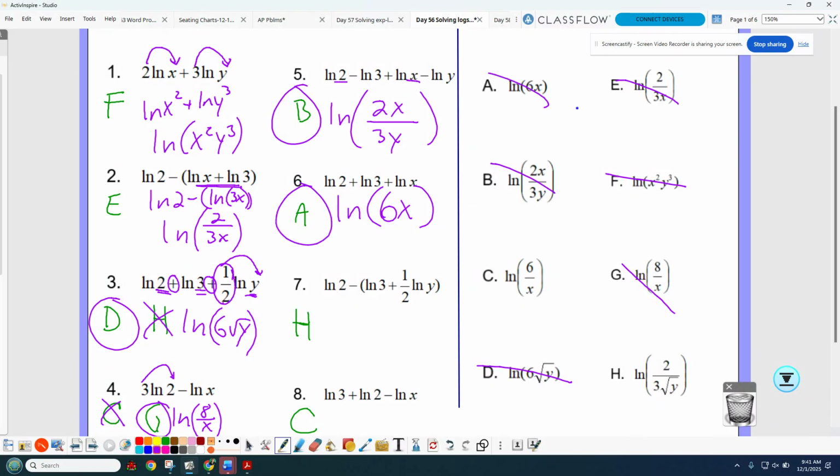Joaquin, subtracting a group. Does that mean this 3 is on the bottom and the y stuff is on the top? Or are they both on the bottom or are they both up top? What do we do? The 3, you would move the 3. On the bottom or the top? Bottom. So you would square root the y.